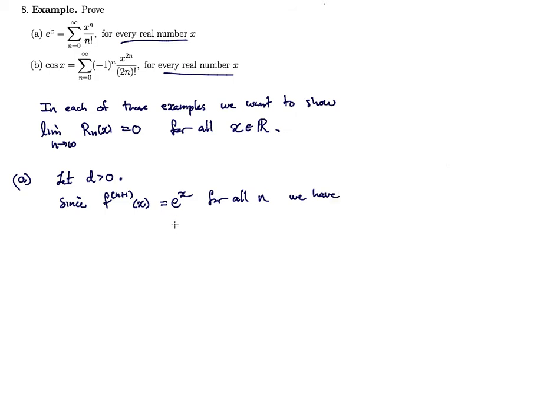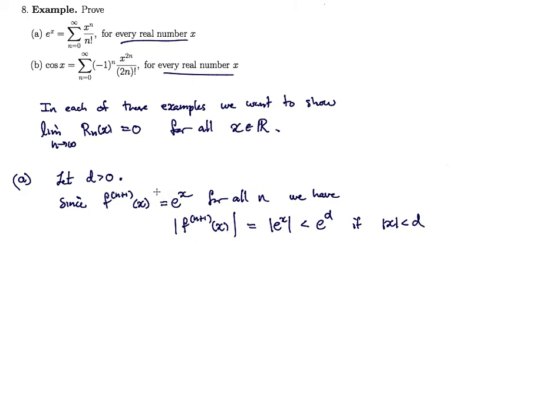We have that f^(n+1) of x, the nth plus first derivative, is actually equal to e to the x, and that's bounded above by e to the d for x values smaller than d in magnitude. So we've bounded the upper bound.